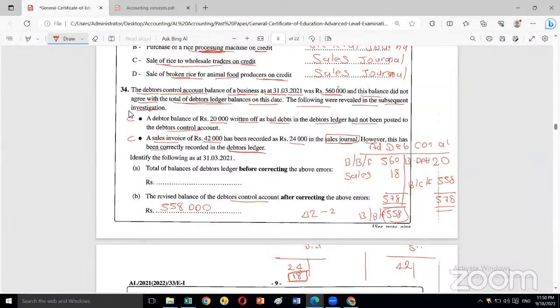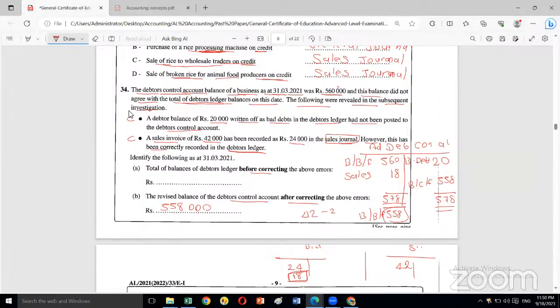Look carefully. The revised balance of the debtors control account after correcting the above errors should be how much? 558. And they are asking for the total balance of the debtors ledger before correcting. Now I am asking, did they make any error in the debtors ledger? Debtors ledger means debtors list.